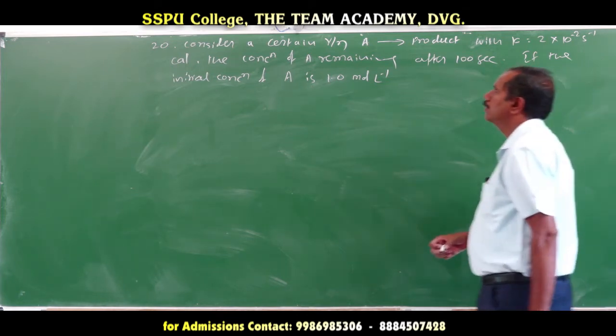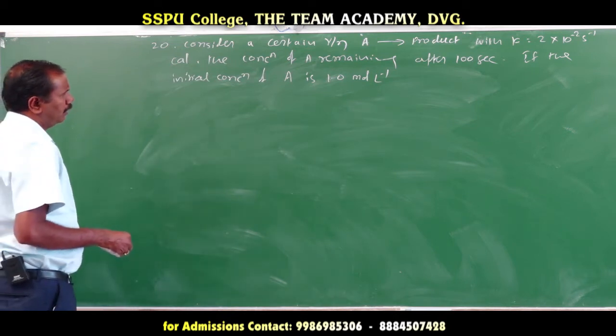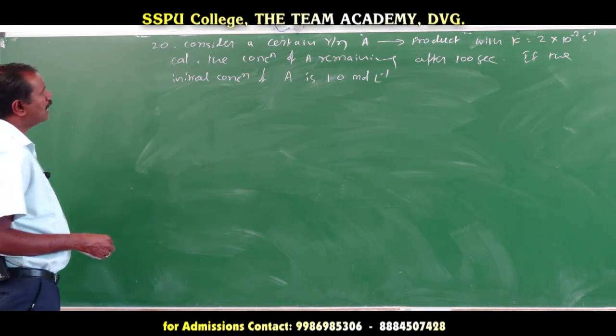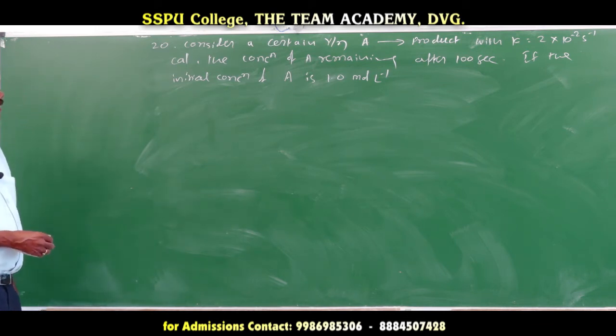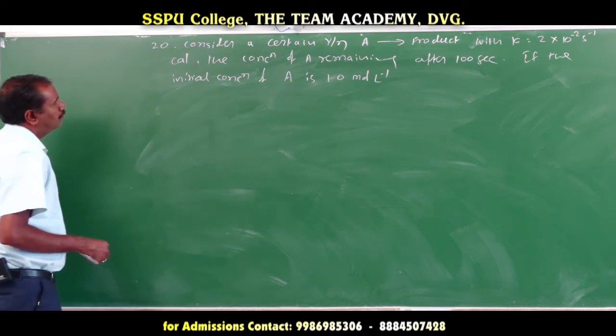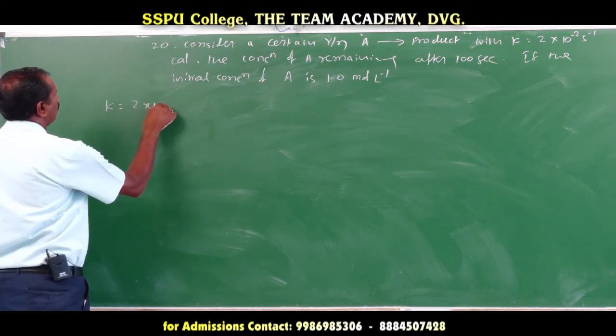So let us consider the reaction where A gives product with K equal to 2 into 10 to the power of minus 2 per second. Calculate the concentration of A remaining after 100 seconds. The initial concentration of A is 1 mole per liter. Here the K value is given, 2 into 10 to the power of minus 2 per second.